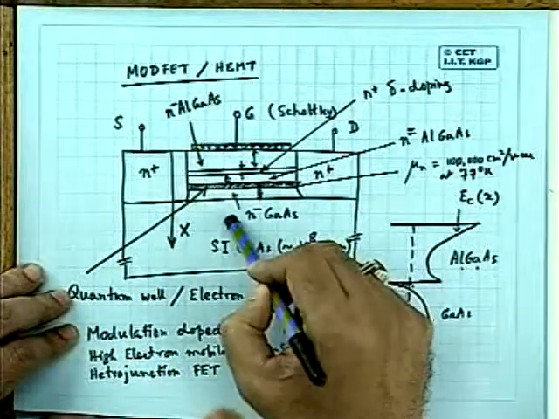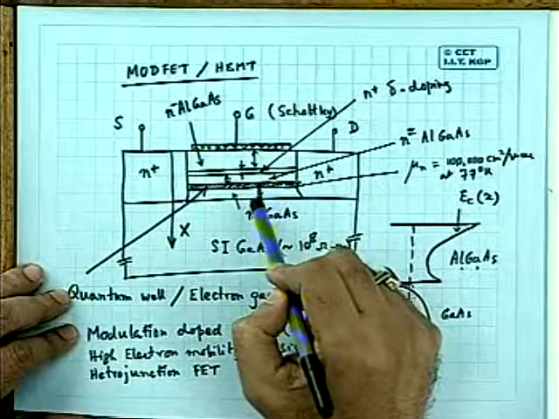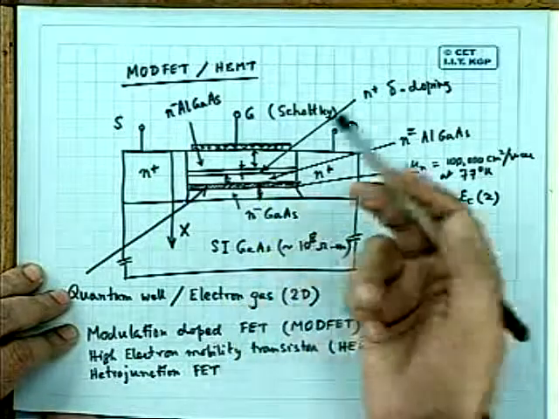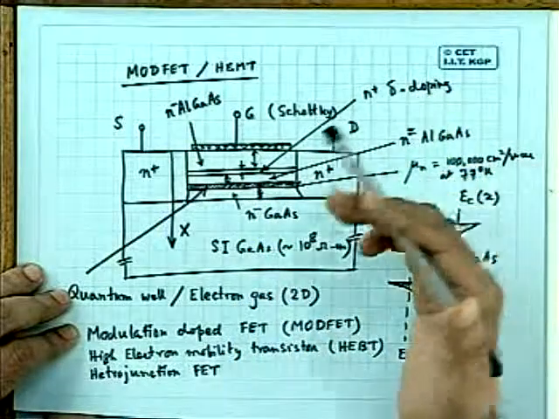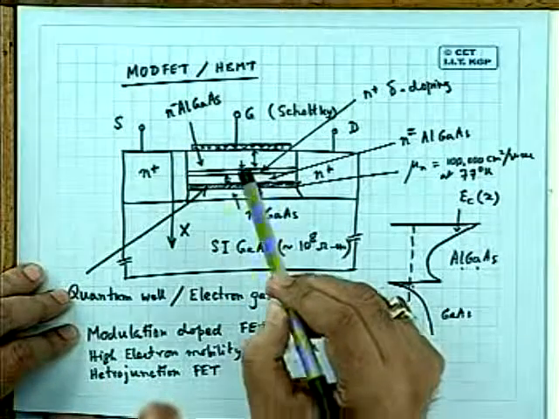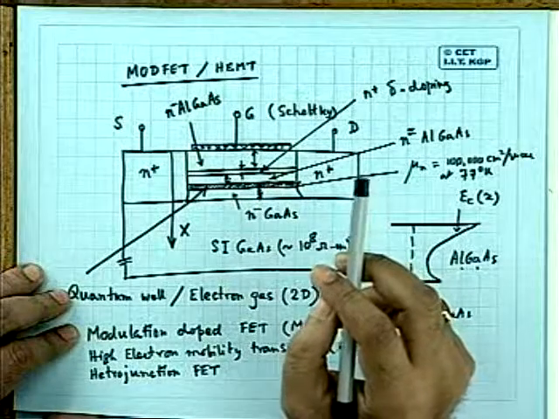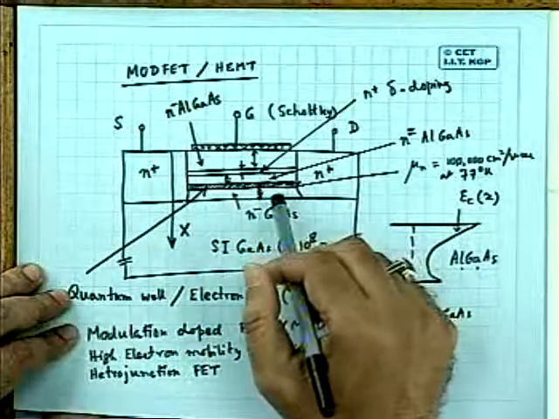Even at room temperature, the electron mobility may be substantially higher than that in a bulk semiconductor or at the surface. Surface, you know, I told you the surface mobility is reduced. But here, because of this 2D electron gas formation in the quantum well, the mobility is very high.